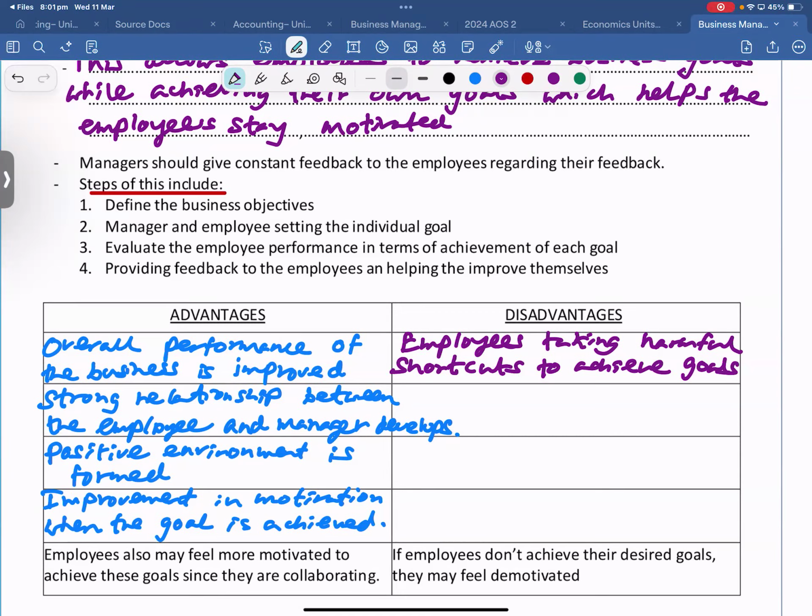Next one, too many goals may increase staff stress.